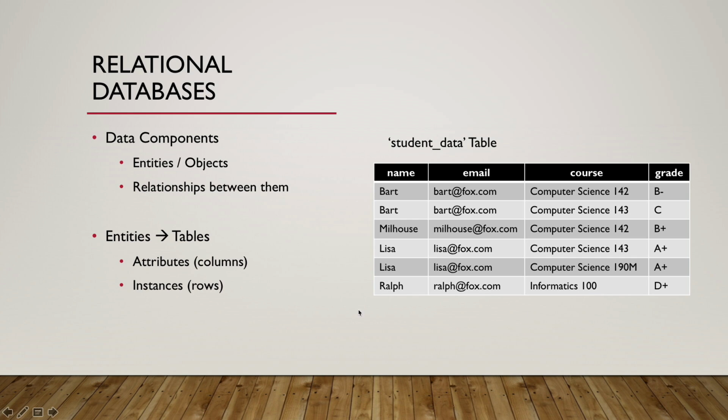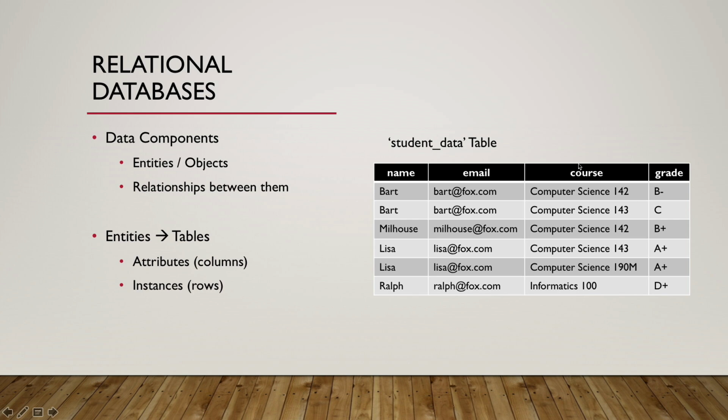Maybe we throw it in a spreadsheet and it looks like this, where we have different things along the columns and then different values along the rows. But this particular data in its raw form doesn't really acknowledge entities as they exist in the real world. For example, Bart as a person, that's really an entity. And maybe the two properties of that entity would be its name and its email. So Bart's name is Bart, and his email is bart@fox.com.